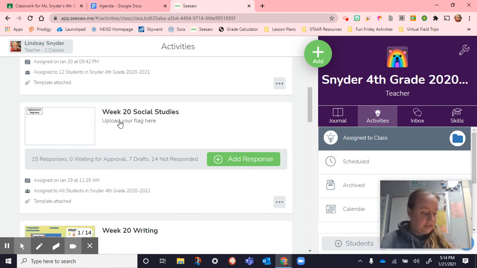We've been talking about the 6 flags that Texas has seen, and we talked about what kinds of things would be important to be represented on our flag if we were in charge of designing a flag, whether for the state or the country. Students uploaded those there.